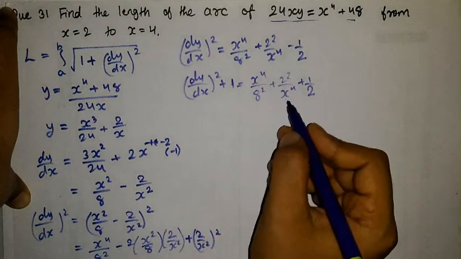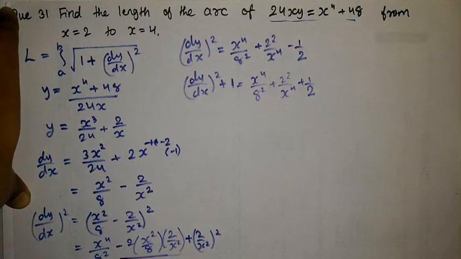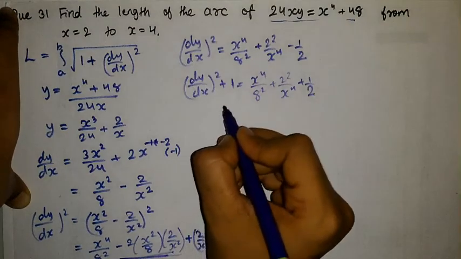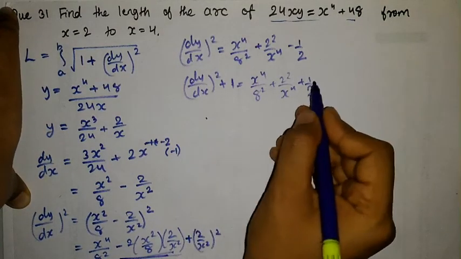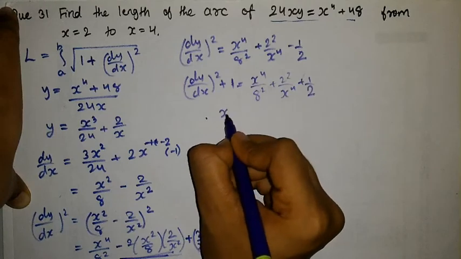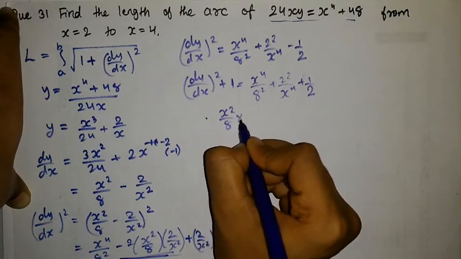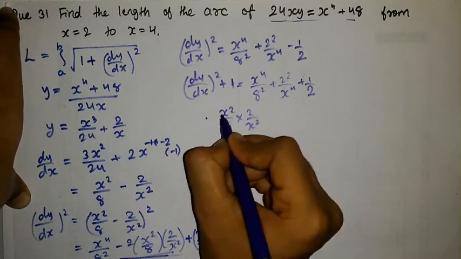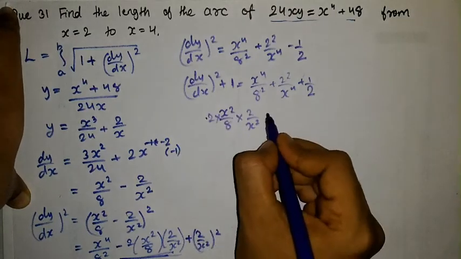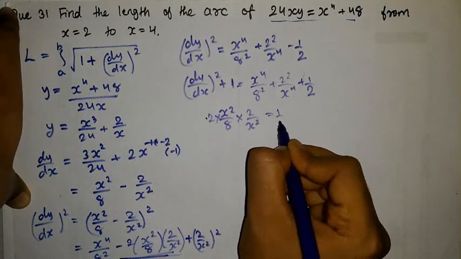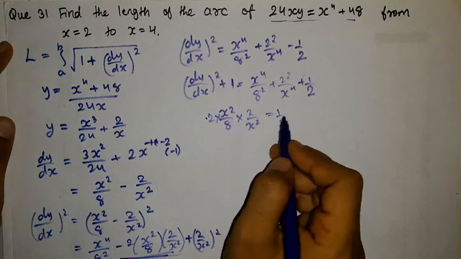Yeah, of course we can. The middle term, 2 into x square upon 8 into 2 upon x square, is equal to 1 by 2.